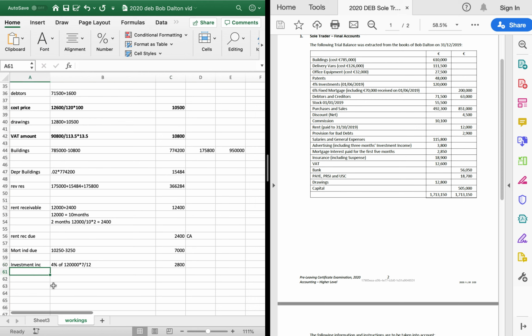That's 2,800. And the investment income due, you've got 2,800 minus whatever we've received. So does it tell us we've received anything?